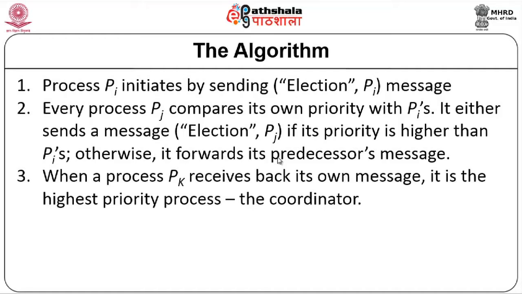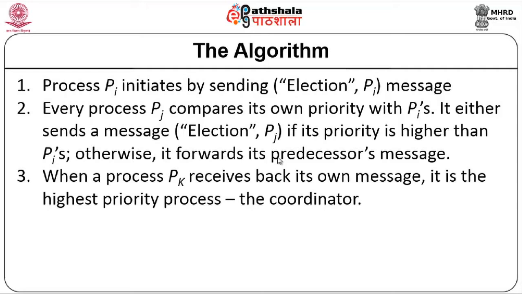If all the rest of the nodes through which this message passes have IDs smaller than my ID, then what will happen? I will receive back the message saying election comma my own ID.